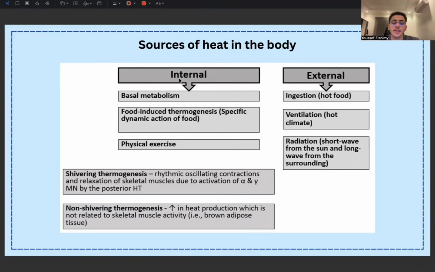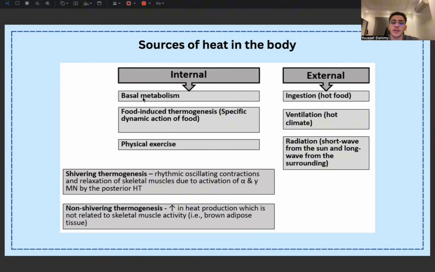So, what are examples of sources of heat that are internal? We could say that basal metabolism is considered an internal source of heat because, just sitting doing nothing, the organs are still functioning. You breathe, the heart is pumping. A lot of functions are happening in your body even if you're not doing anything.